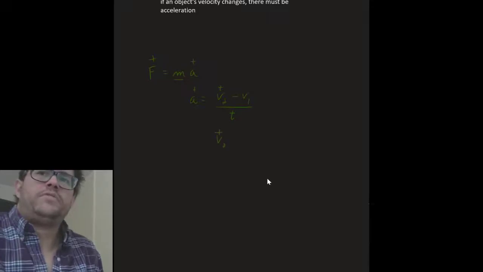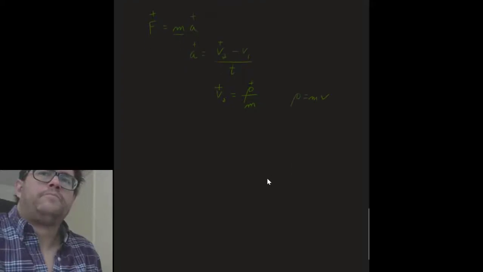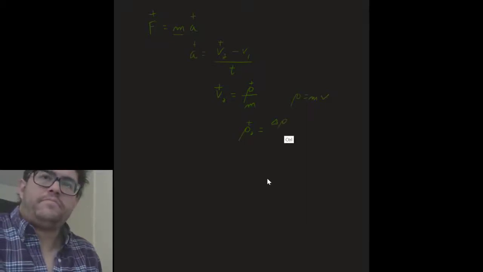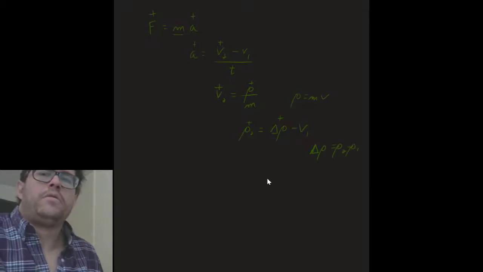If you increase the velocity, then you increase the momentum. This is from P. If you increase the momentum, then you increase the difference in momentum. This is from P2 minus P1.